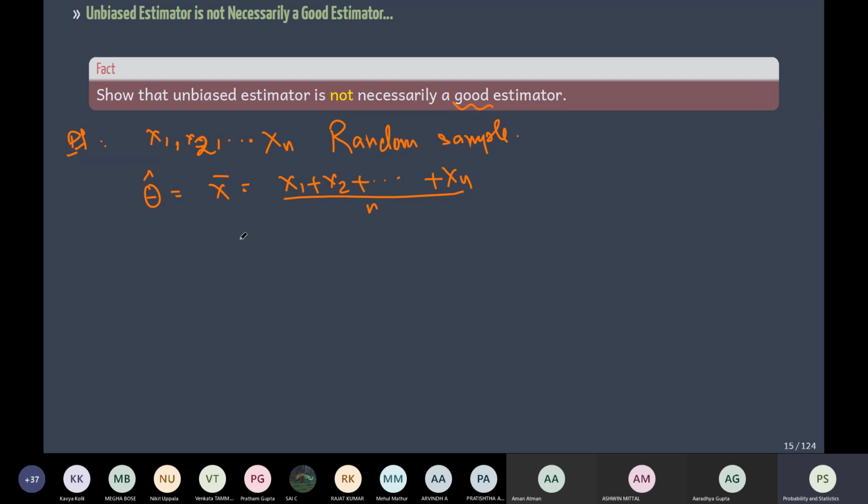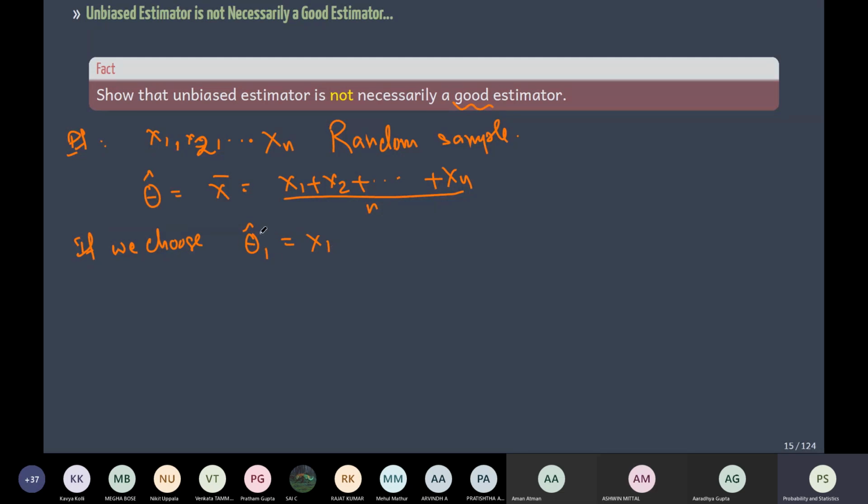This is how we define a sample mean. Now, if we choose theta hat 1 as x1, this is another estimator that I have chosen.